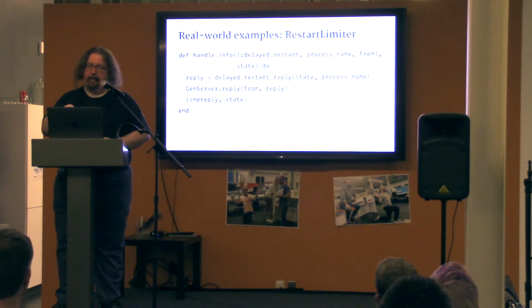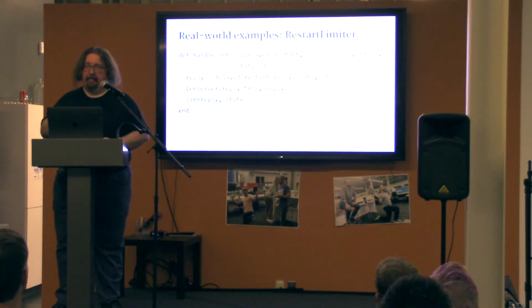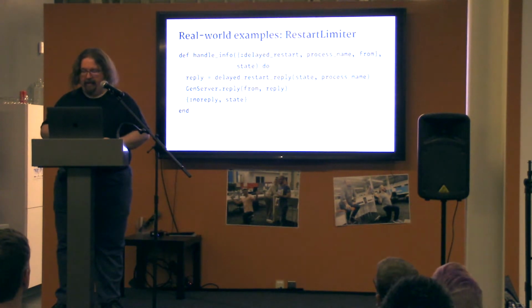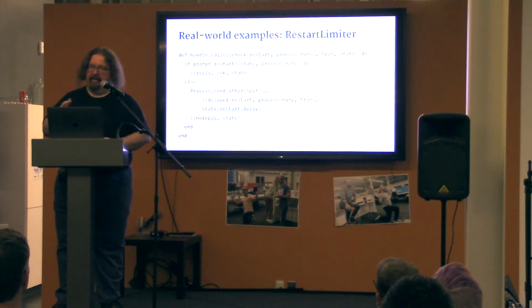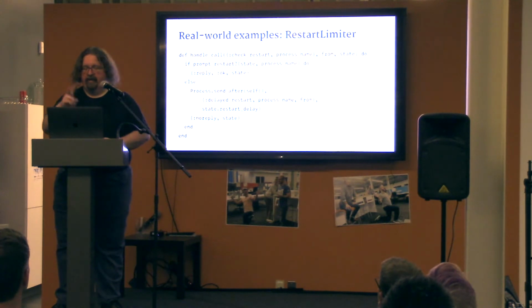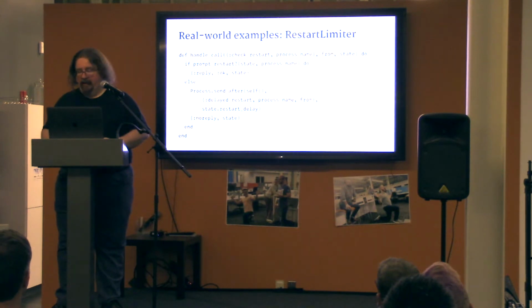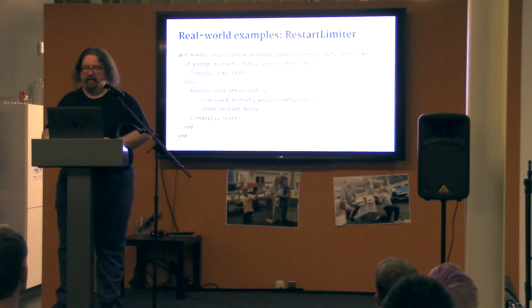So this is kind of a cool thing. In some languages, this would be real nasty. In Erlang and Elixir, it doesn't really look like much. But you'll notice here, handle_call. The second argument to handle_call is a tuple called from, and it describes the caller. It's an opaque reference and a PID for the caller. The beautiful thing is, for this first function, check_restart, the caller is blocking, waiting for this to reply.